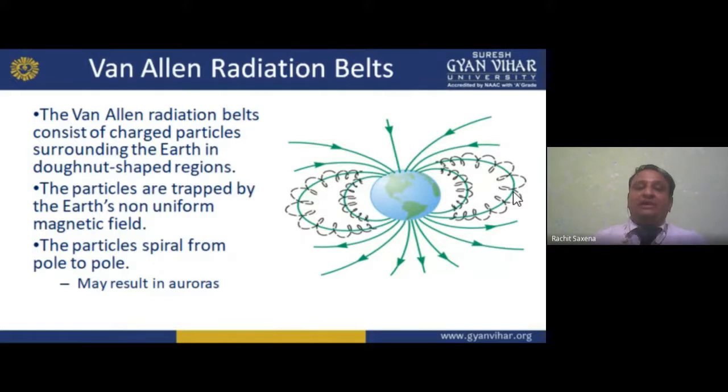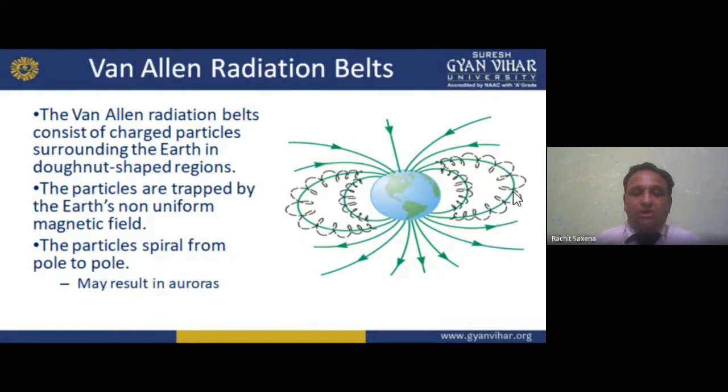Now moving forward, the Van Allen radiation belts. The Van Allen radiation belt consists of charged particles, many charged particles, not uncharged ones.